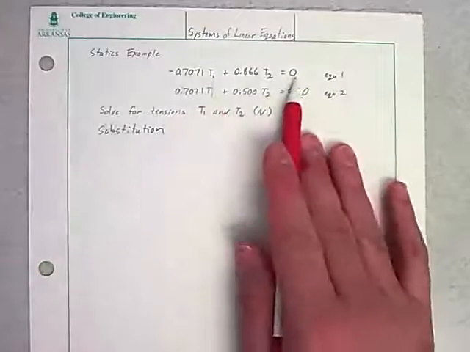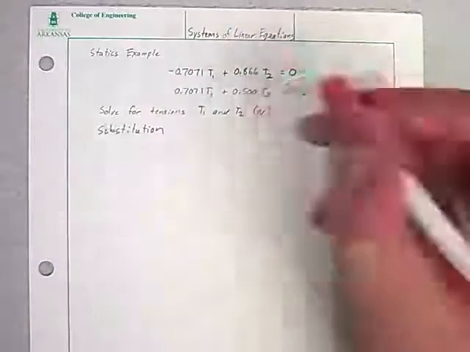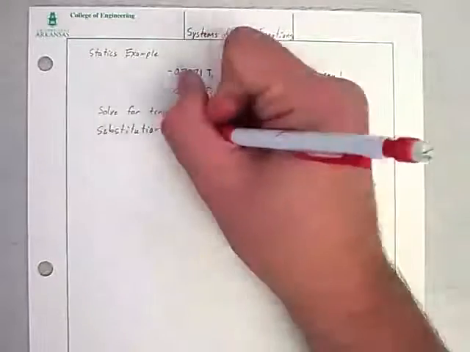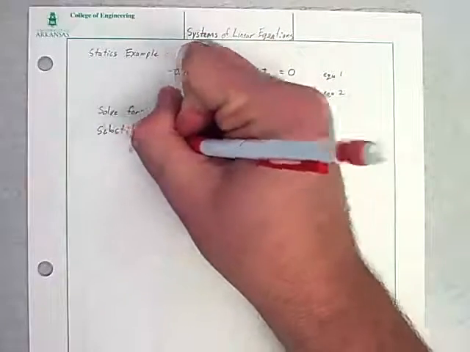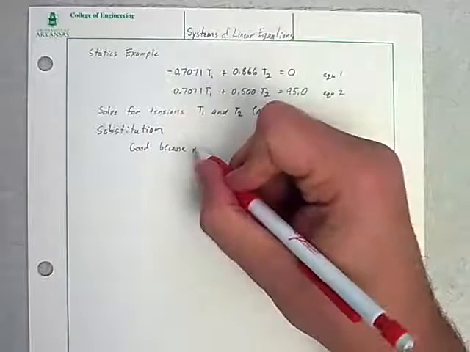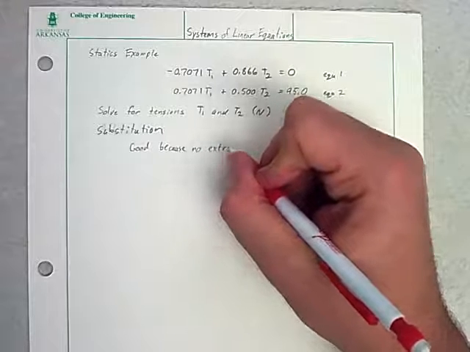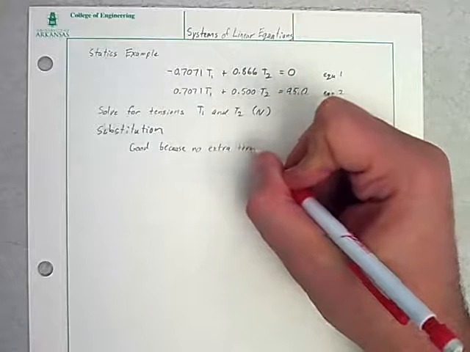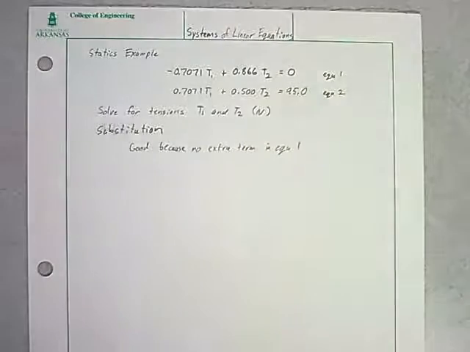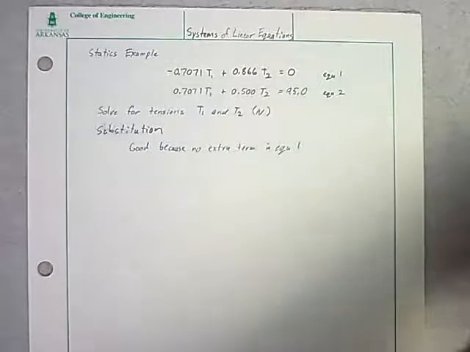Since there's no extra term there, we can easily solve for one in terms of the other. So no extra term in equation 1 makes this one a good choice to make.